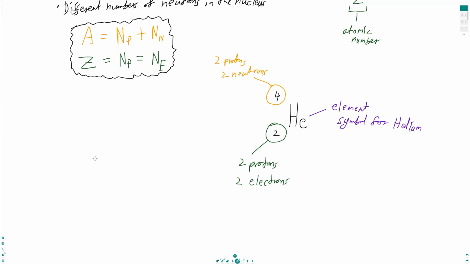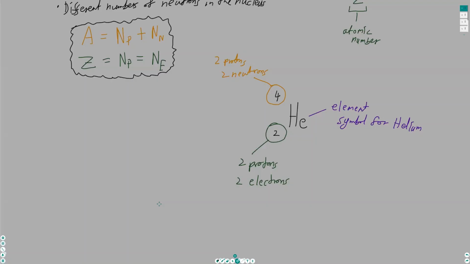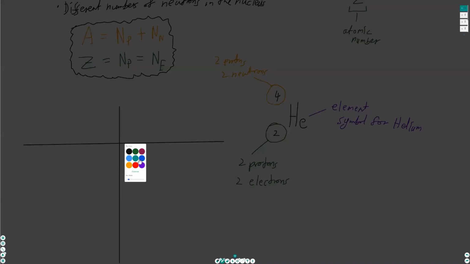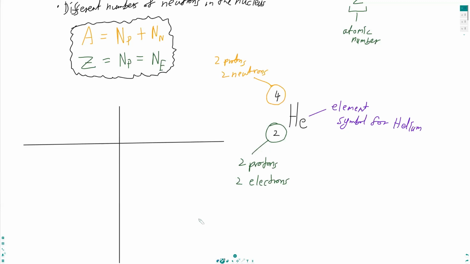Let's look at Na. So I'm going to draw up a little table, just to demonstrate this. And that is very wonky. But who cares? We're just going to deal with it. So this is Na.